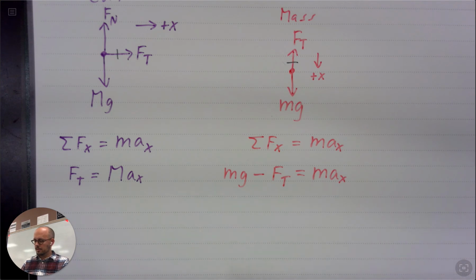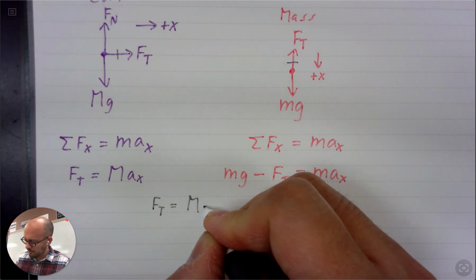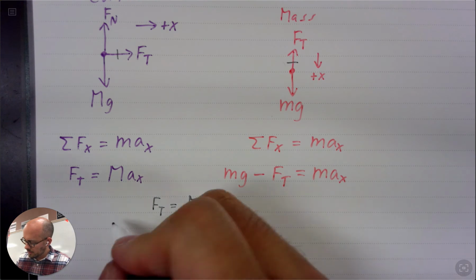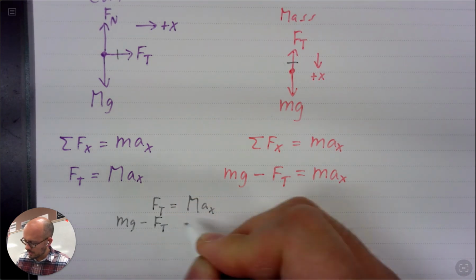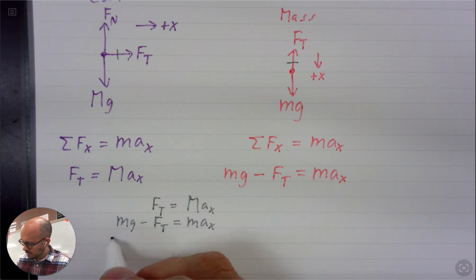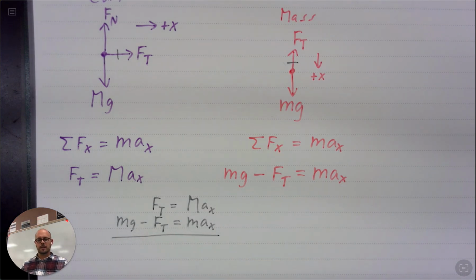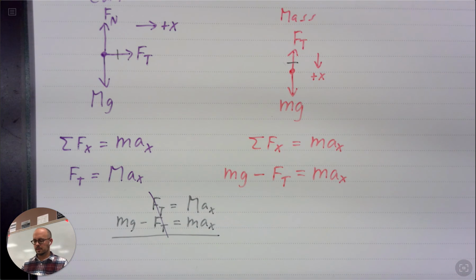But I'm going to do something a little different that maybe you've not seen before, and I'm going to add these equations. I'm going to take Ft equals capital M times acceleration, and mg minus Ft equals little m times acceleration, and I will add those equations. Immediately, the tension term is gone because it's tension minus tension.